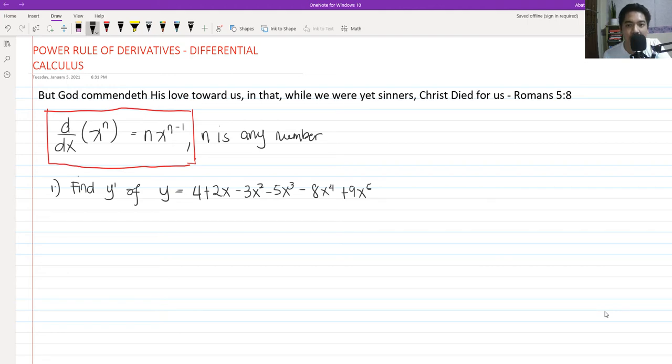So the derivative of any constant c would be equal to 0, where c is any constant value.